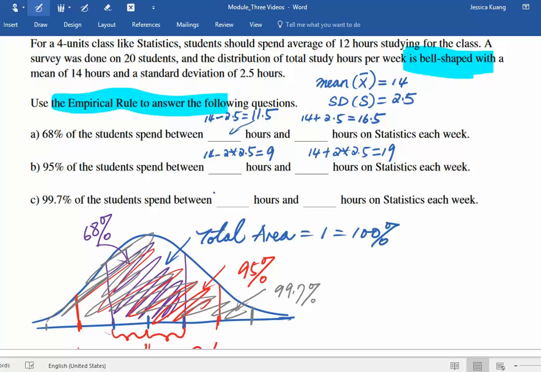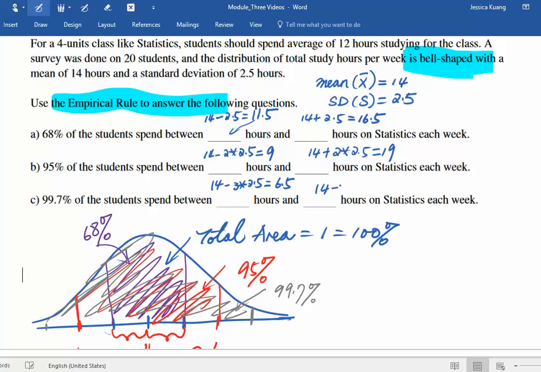Last one, 99.7% of the students are covered within 3 standard deviations of the mean. So we will take 14 minus 3 times 2.5, and that will give me 6.5.